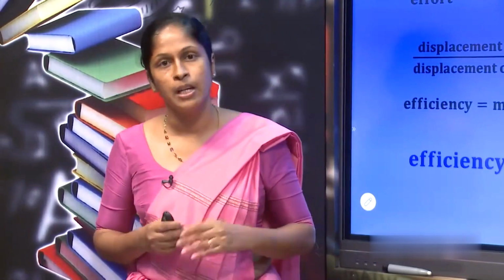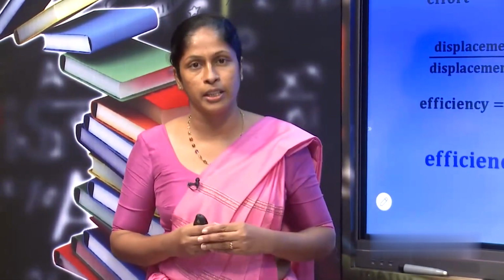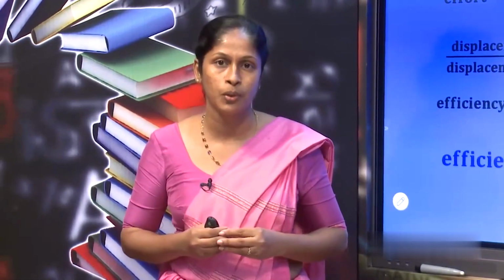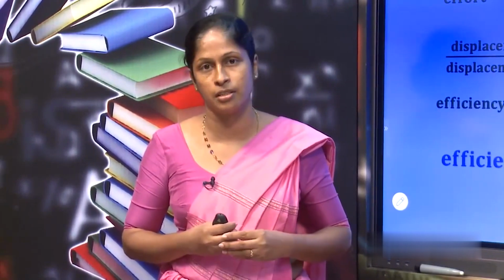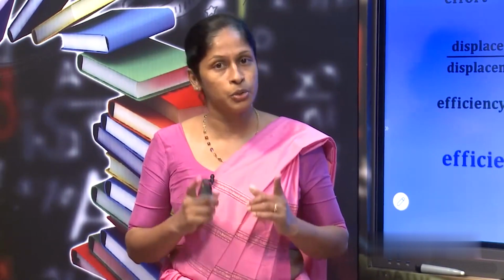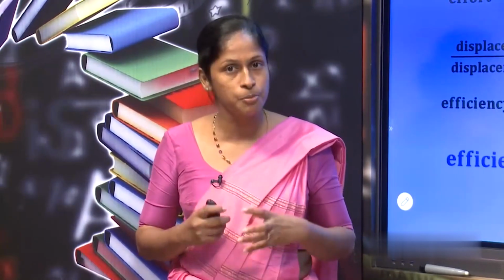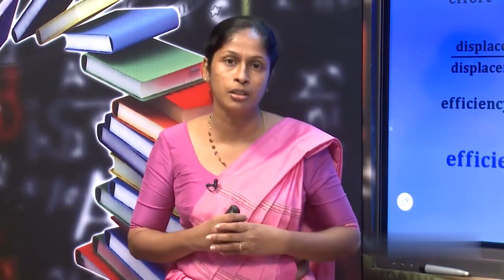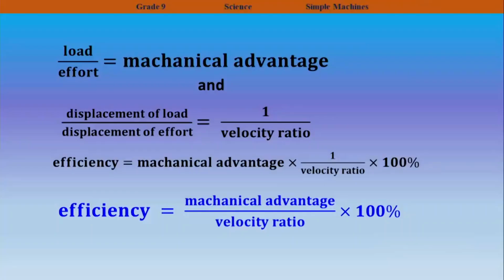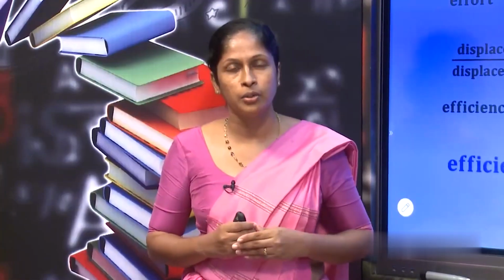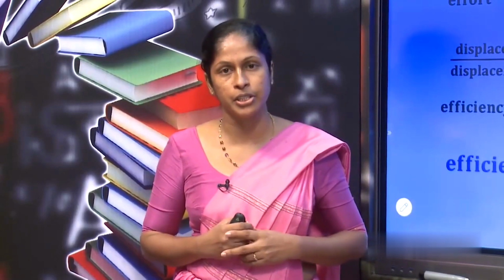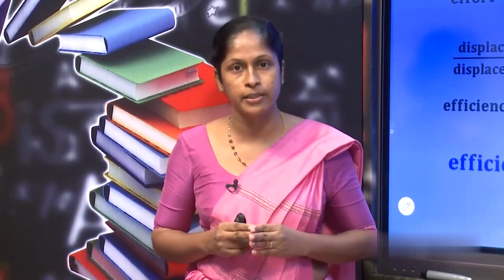So, children, remember both equations can be used to calculate efficiency of the machine, but you should decide which one should be used according to the given details. When you are calculating efficiency, you have two ways.